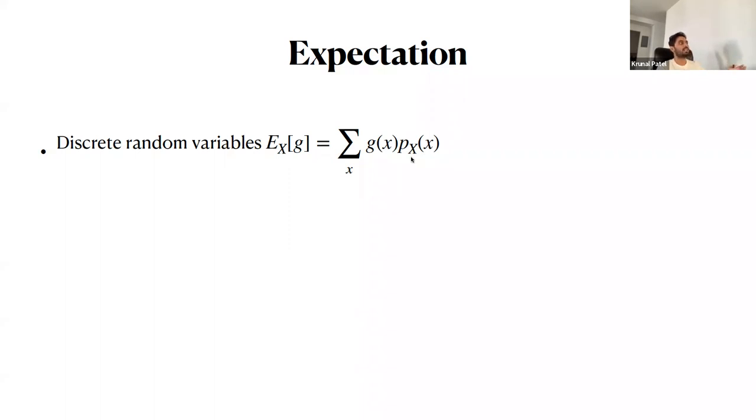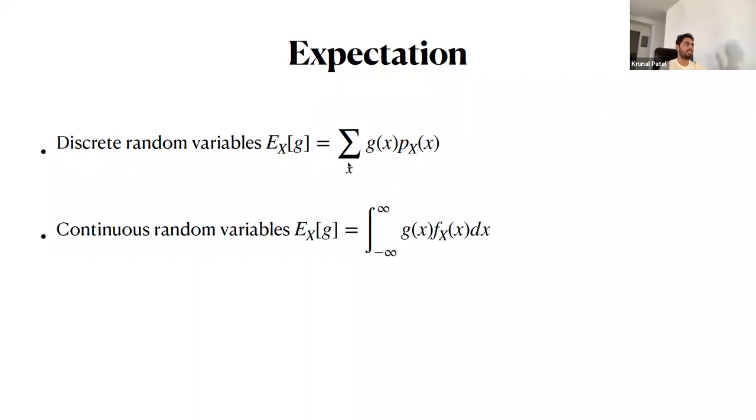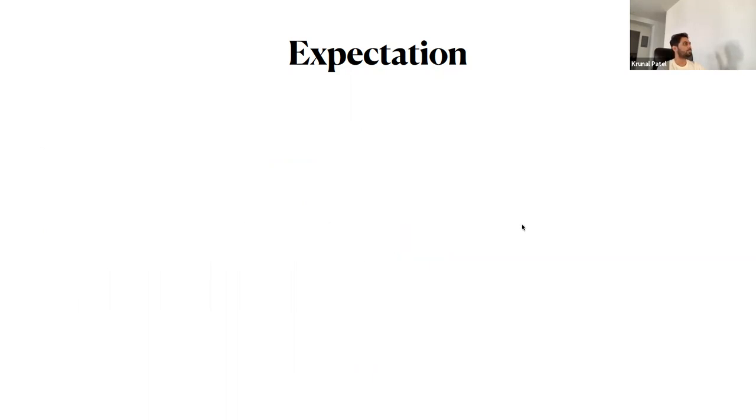If it is a continuous random variable, all you have to do is replace this sum by an integral, and voila. So you integrate from minus infinity to plus infinity, and you put the probability density function instead of the probability mass function. That's how you calculate the expectations. Let's start with this example.